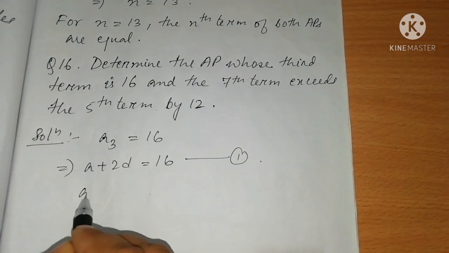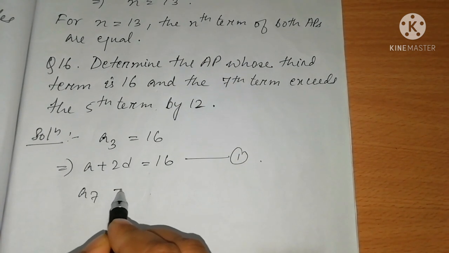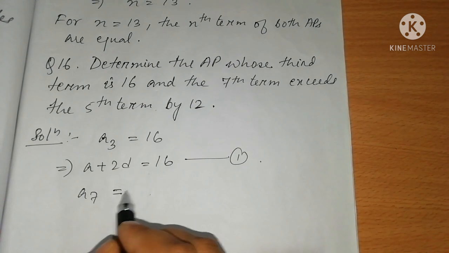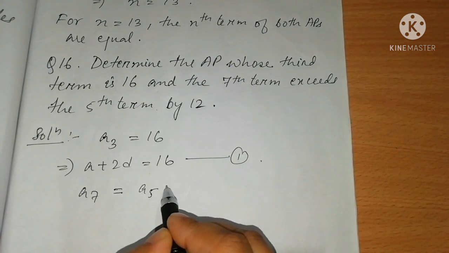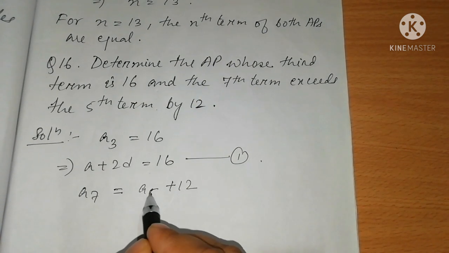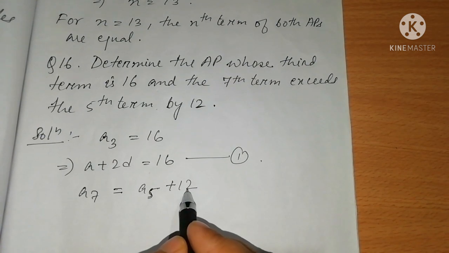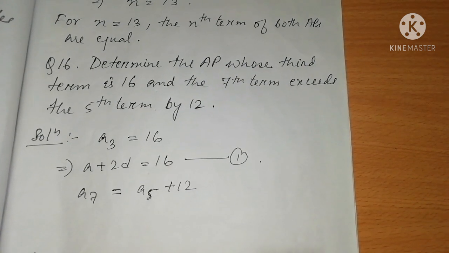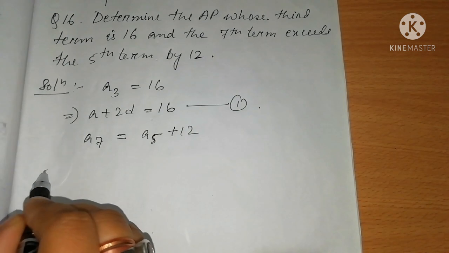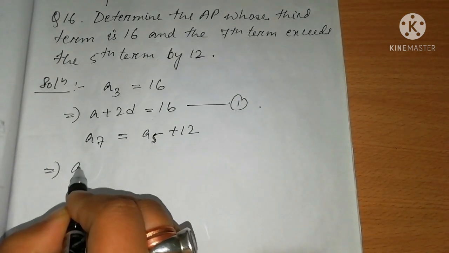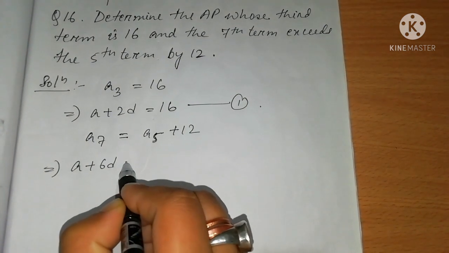Seventh term, that means A7, is greater than the fifth term by 12. That means if we add 12 to the fifth term, that will be equal to the seventh term. A7 in general I can write as a plus 6d.